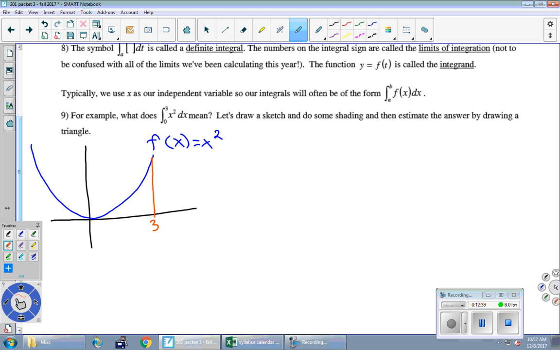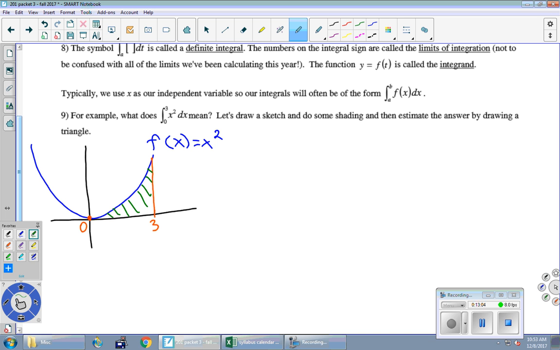And x equals 0 is where the parabola hits the origin. And all of those symbols, the brand new symbols, just mean the area between the curve and the x-axis, and between 0 and 3. And so we can shade in this area. It is just this space right in here, okay? So whatever that area is, that's the value of the integral.